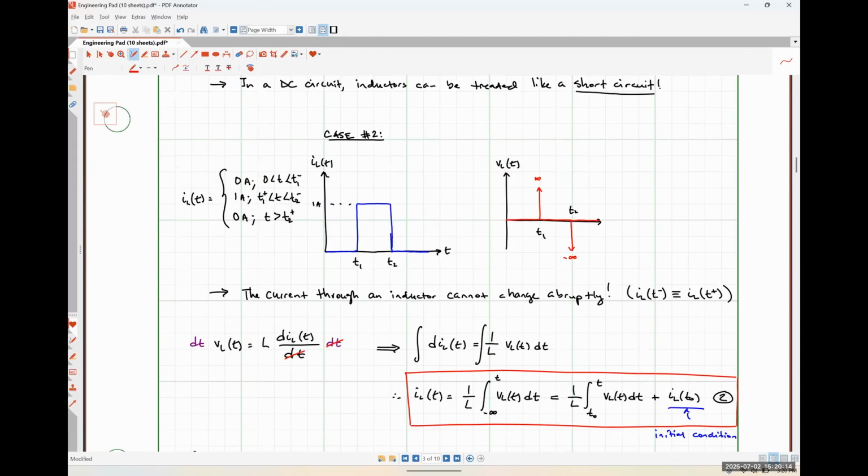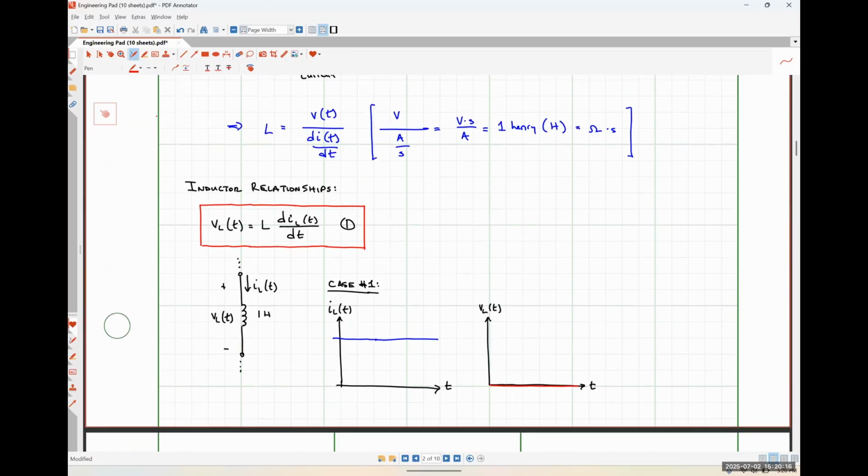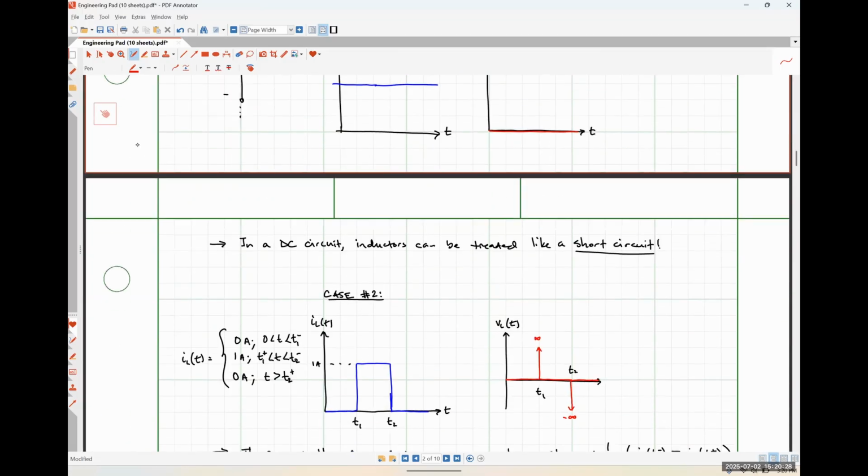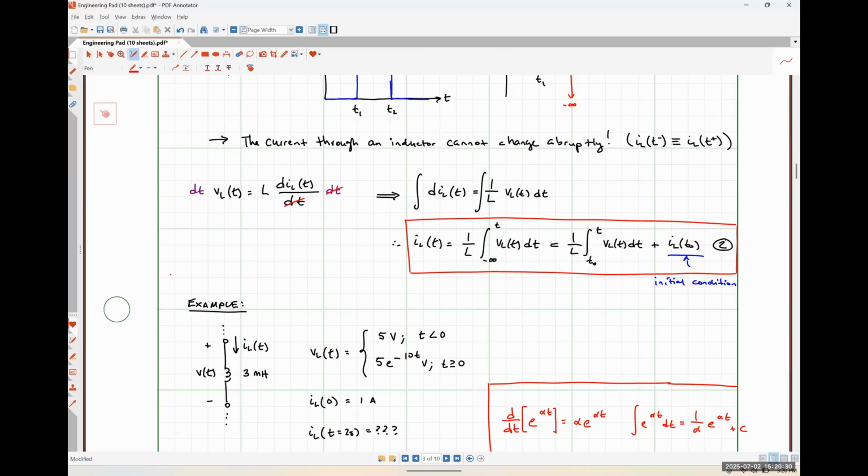If we go back up here to equation 1, this is how we find the voltage drop across an inductor when we know what the current is doing. Equation 2 is how we find the current flowing through the inductor when we know what the voltage is doing. So if the voltage is a known quantity, we can use this guy to solve for current.